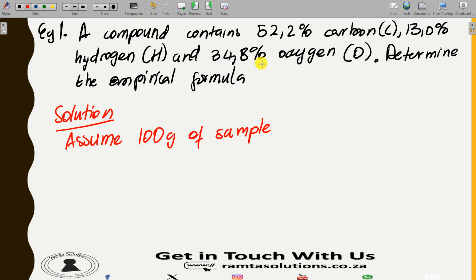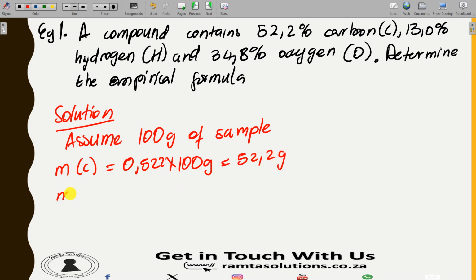So this means the mass of carbon is 52.2% of 100 grams, which is 0.522 times 100 grams. What is it? It is 52.2 grams.